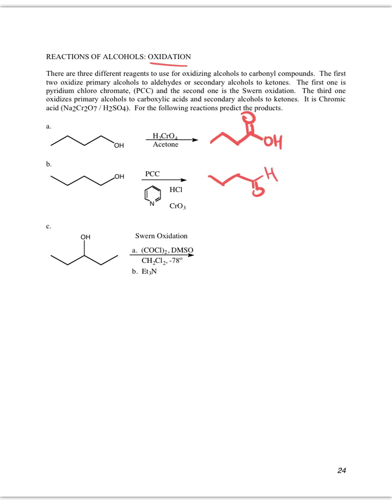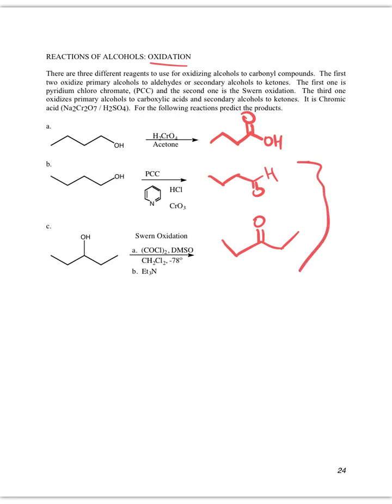So if we made an aldehyde and had more oxidant around that could oxidize it, it would continue on because aldehydes are easily oxidizable. So PCC is an important reagent because it stops at the aldehyde and will not over-oxidize it. Another way to oxidize something is the Swern oxidation, and the Swern oxidation will only go up one step. It'll go from the alcohol to the aldehyde or ketone.